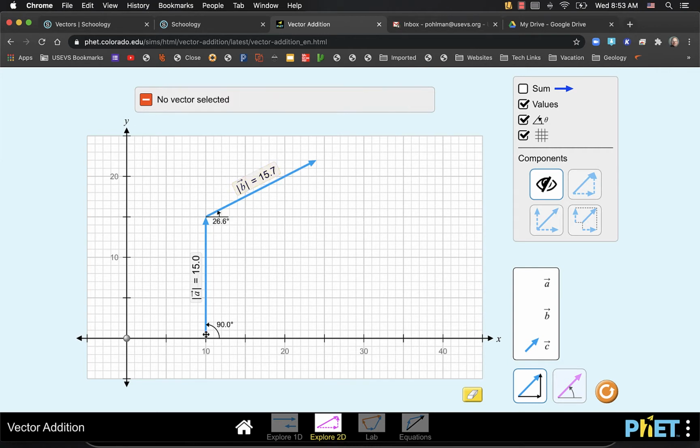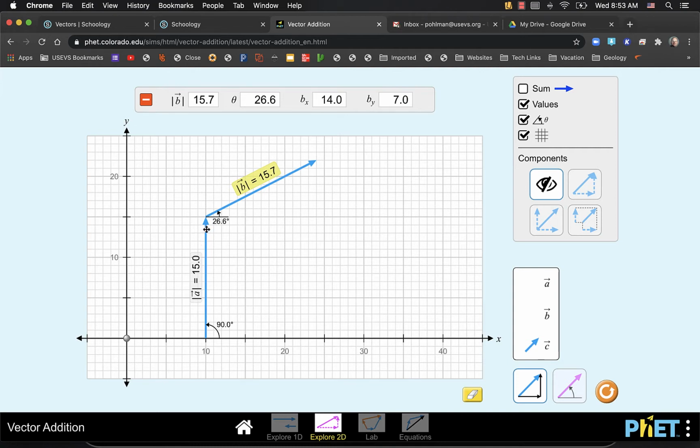If this is our sample problem here, where the person walked due north 15 meters, but then they turned 26.6 degrees off of east and then walked another distance, what would their displacement be here? Well, you cannot use the Pythagorean theorem and you cannot use SOHCAHTOA using these two component vectors. What you would have to use is some vector addition.